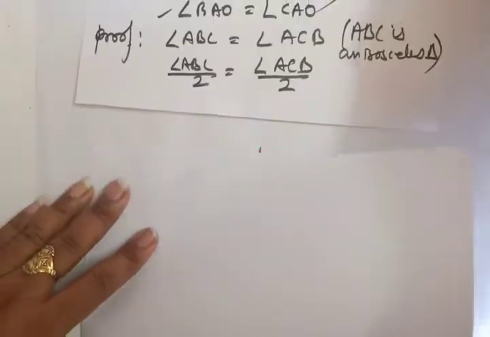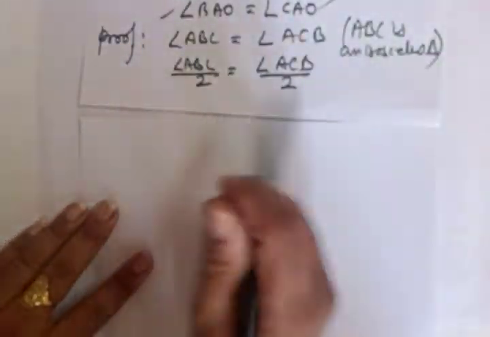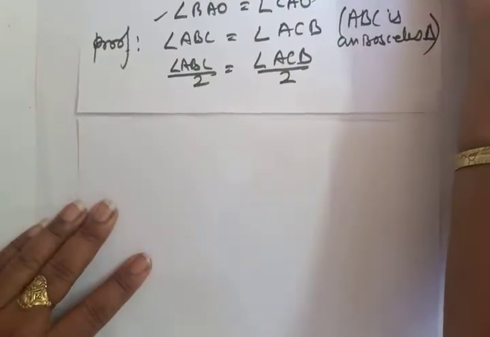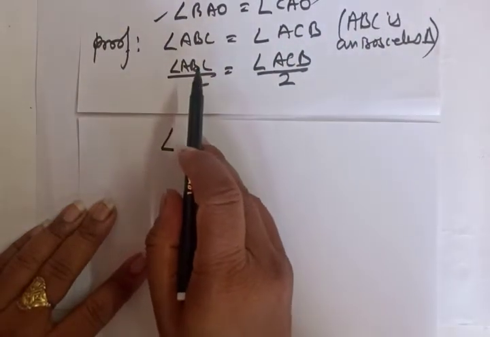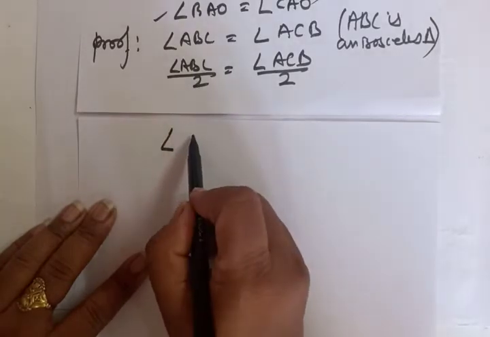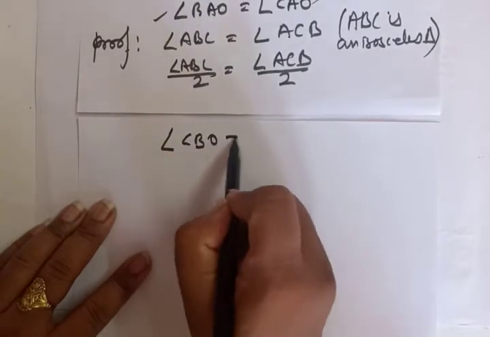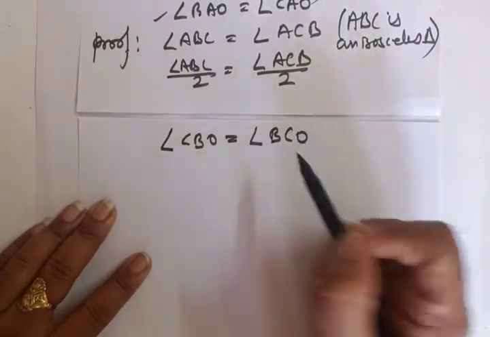So we are writing the name of the angles. The half of angle ABC, that I already showed you, that is angle CBO, is equal to angle BCO.